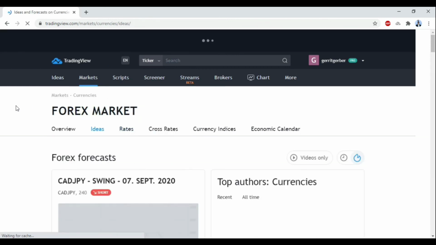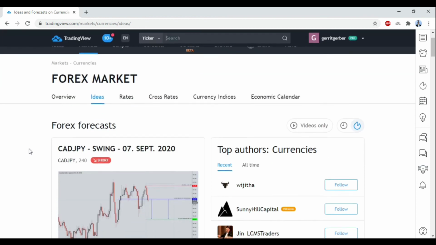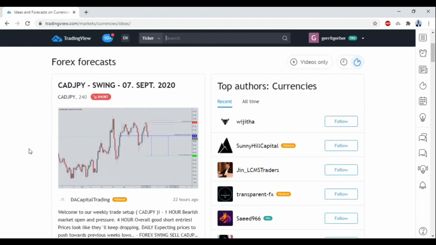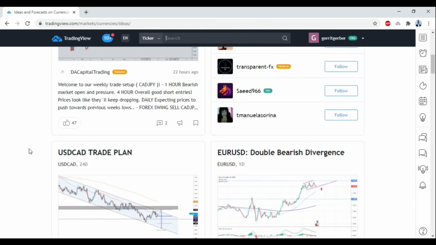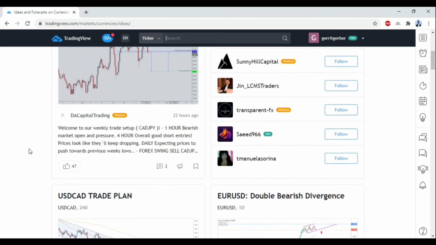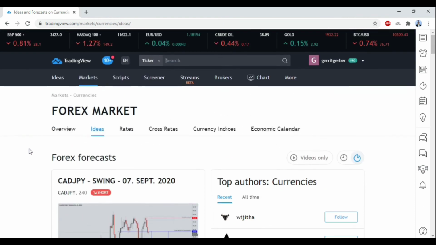So to view the different Forex ideas from traders all around the world, you can go through each idea that is shared by a trader around the world, and you can even create your own trading idea and set up and share it with the different communities on TradingView, and you can build quite a following for yourself and get some valuable feedback as well.